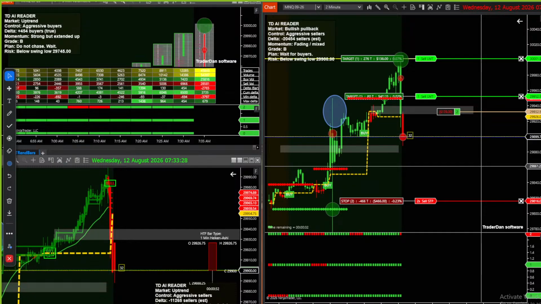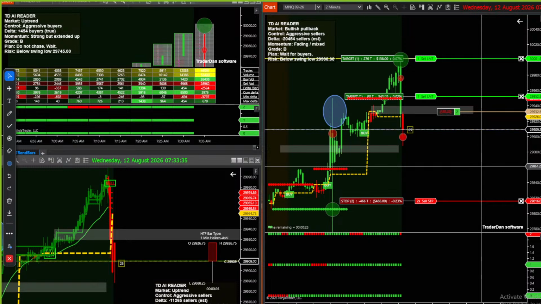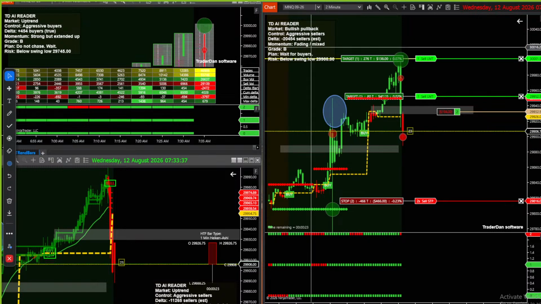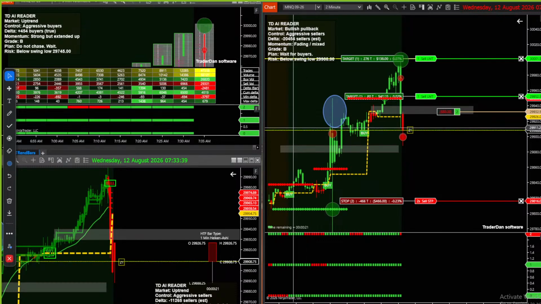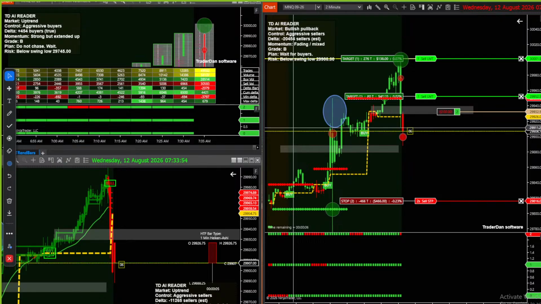Starting to look like they really want to tank this to the downside. Momentum's fading a little bit here, mixed, right? Come on.